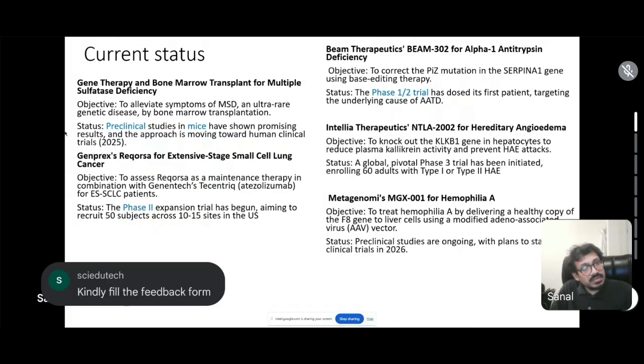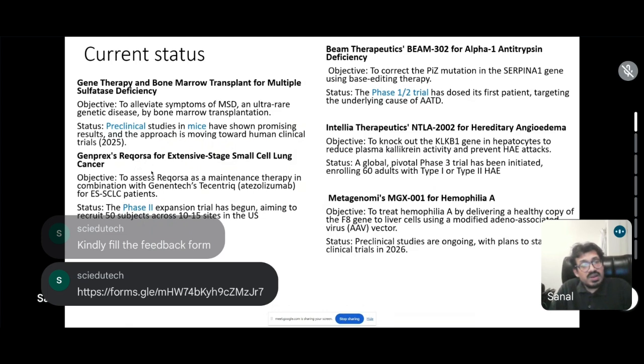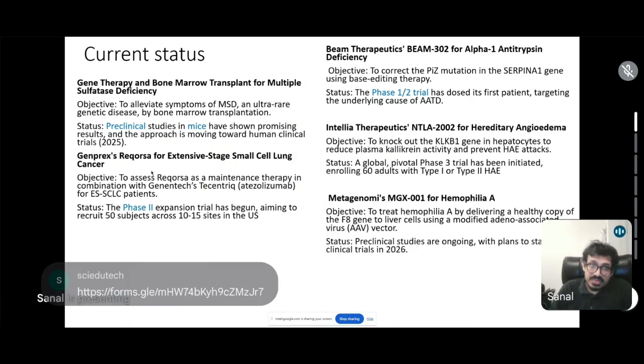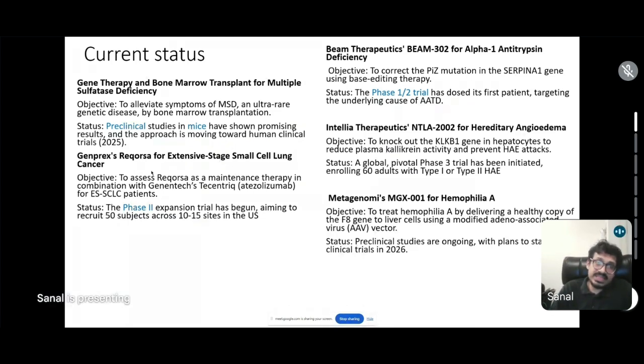But there are other uses for gene therapy. For example, it can be used for extensive stage small cell lung cancer. So small cell lung cancer, as perhaps you know, is a type of lung cancer which is very difficult to manage.